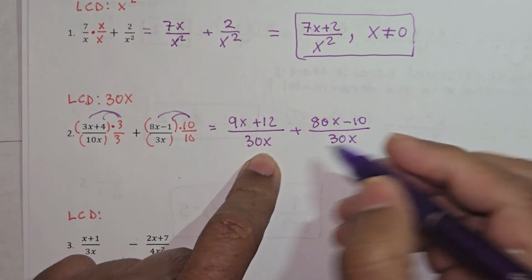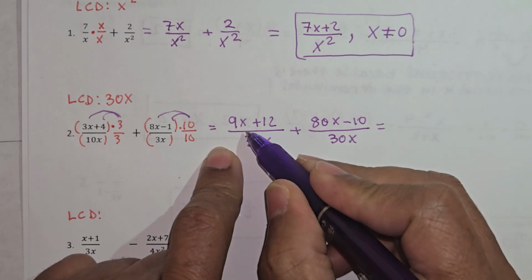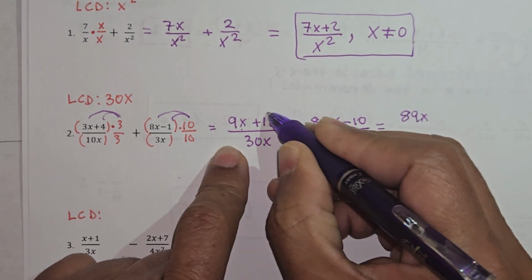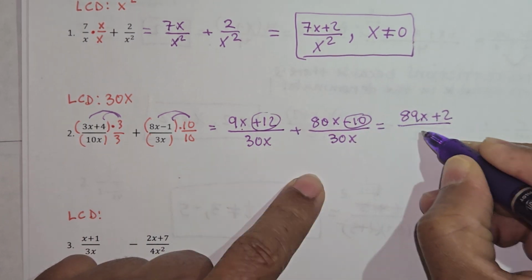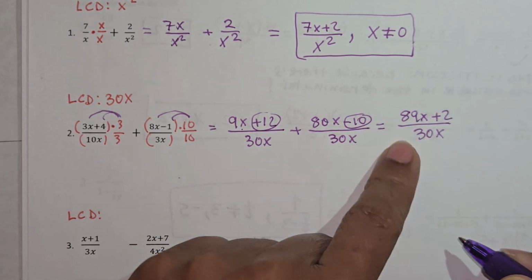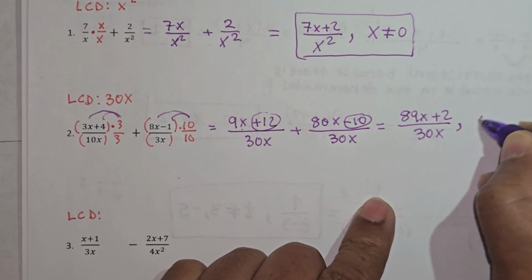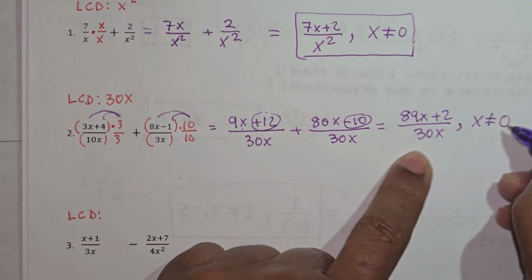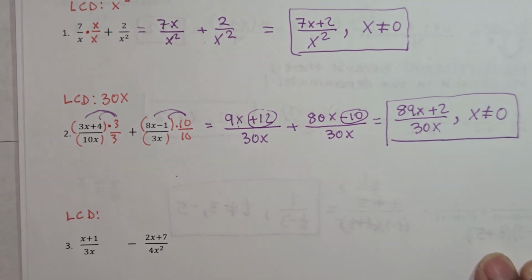Since we have the same denominator, let's combine like terms. 9x plus 80x combine to 89x, and 12 and negative 10 combine to positive 2, over 30x. As you can see, these do not simplify, so we are done. The last thing we need to do is state the restriction on the value of x, and in this case x cannot be equal to 0. So this is the answer along with the restriction on the variable.